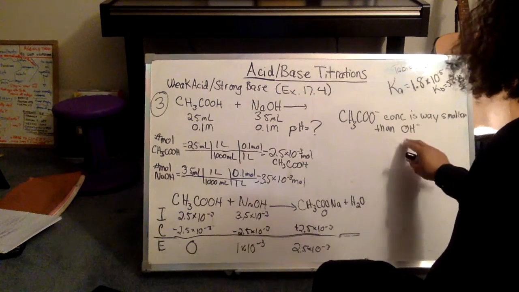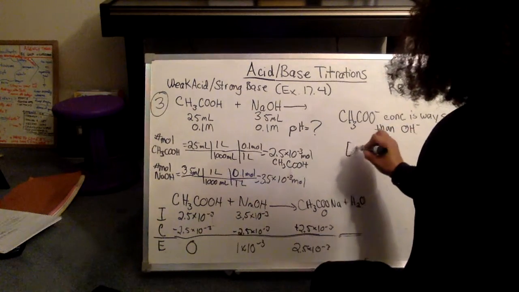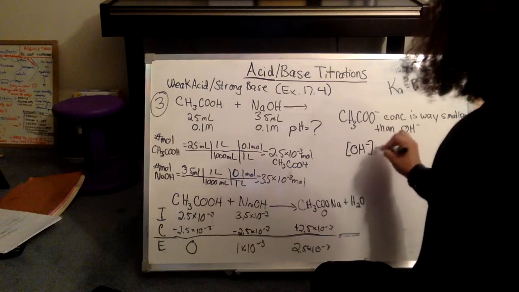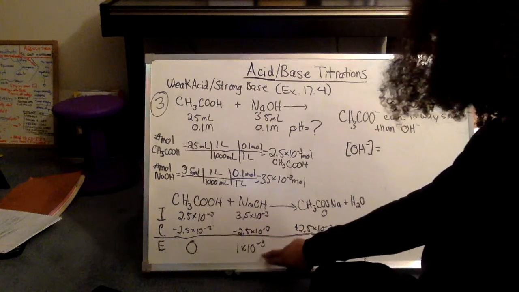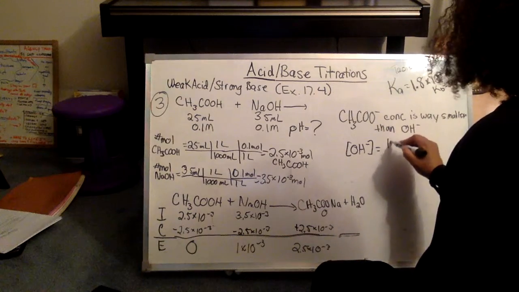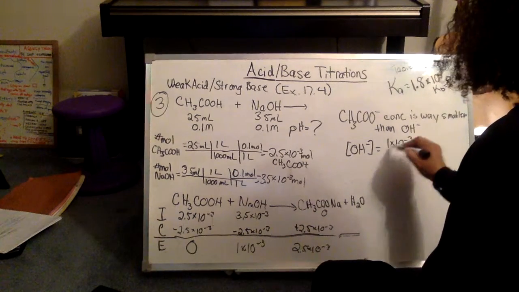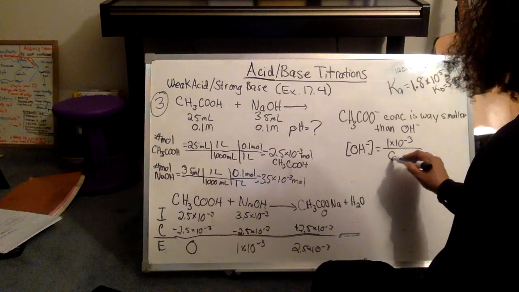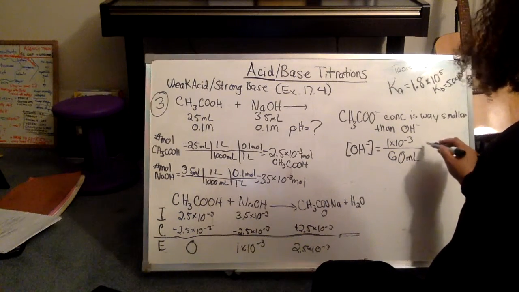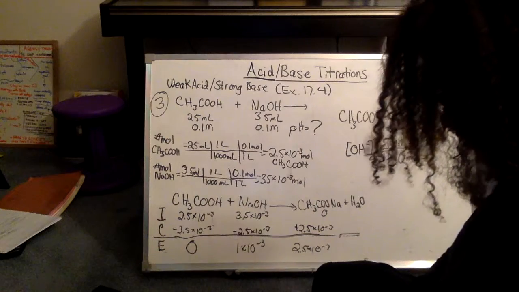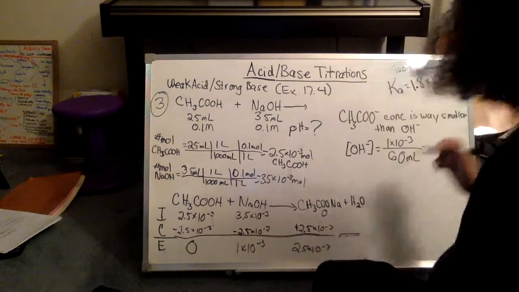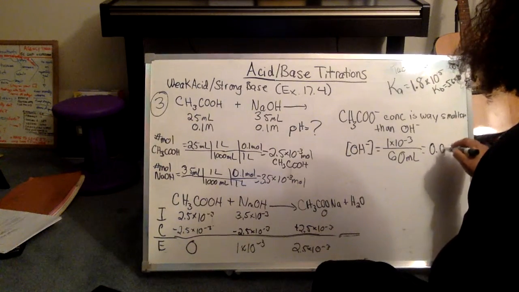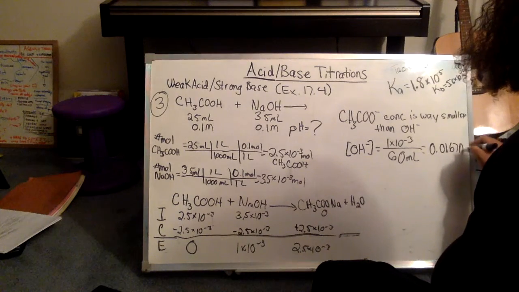So we're going to assume that the pH, the POH can be calculated from the amount of base, 1 times 10 to the minus 3, divided by the total volume of solution, which is 60, to then give us a total concentration of base to be 0.0167 molar.